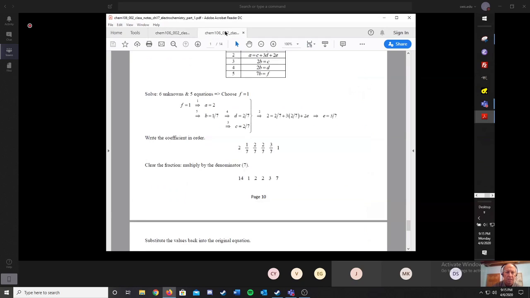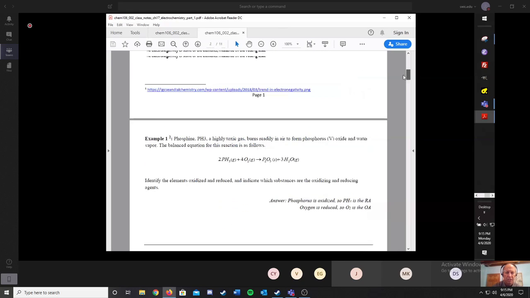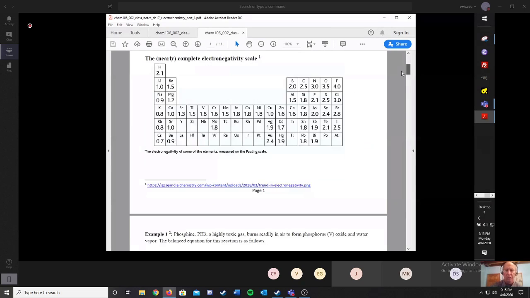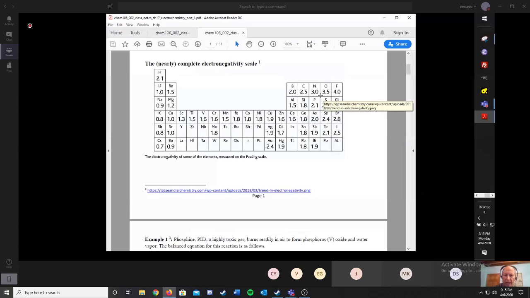And let's see if we go back up here to this table of electronegativities. If we wanted to build a battery out of some elements, we would pick elements where there's a significant difference between their electronegativities, because in that way it would most likely be spontaneous.